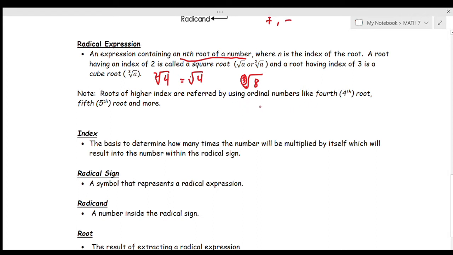For example, we have the 6th root of 25. That is 6th root, 5th root, 7th root, or any of that index.